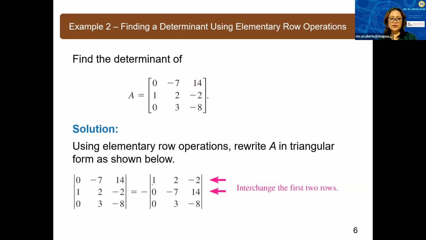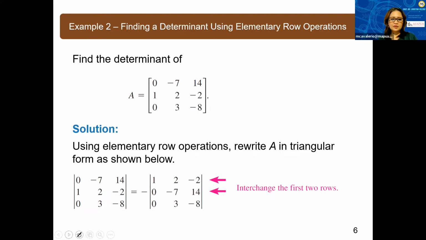Now, taking a look at row 2, we see that the entries are simply divisible by negative 7. So if we factor out negative 7 from row 2, then the entries will become 1 and negative 2.